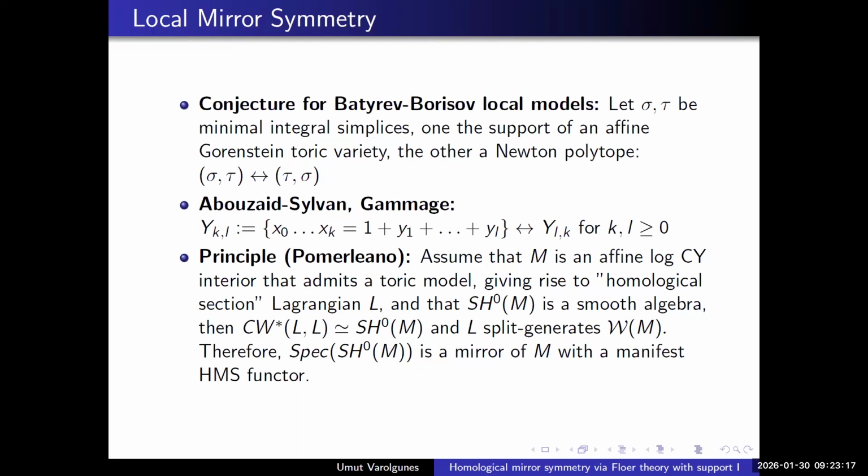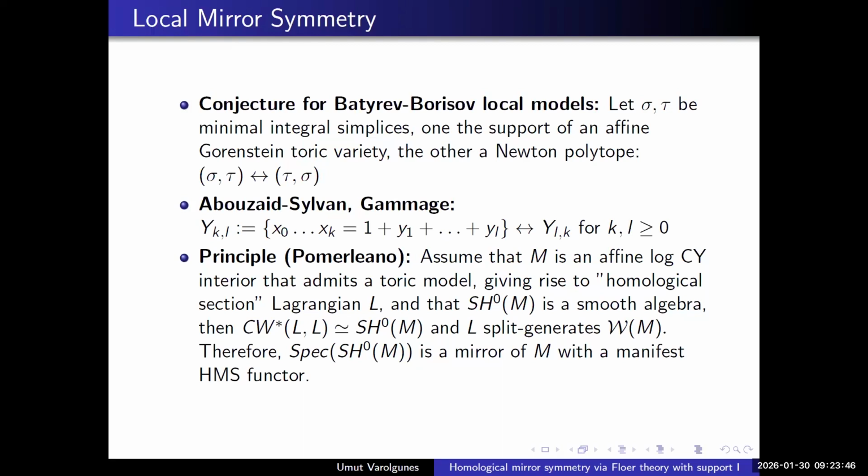The toric model basically means you start with a toric variety, do blow-ups along the boundary, and remove the proper transform of the boundary divisor. That always gives you a log Calabi-Yau. Not all affine log Calabi-Yau interiors have such a toric model, but it's a big class anyway, and these satisfy that condition.